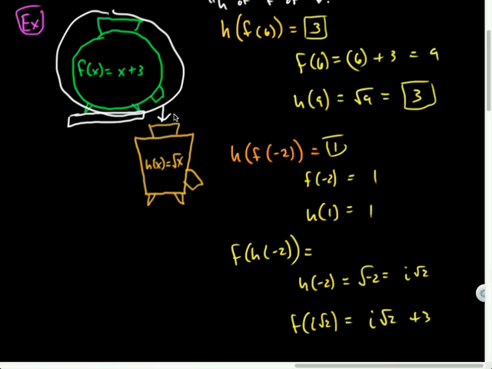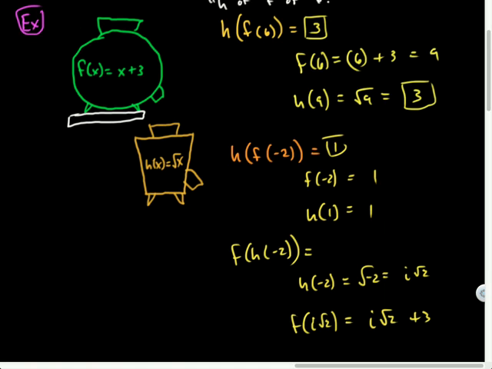Why would you try? Because your boss is gone. You're just jumping up and down on top of the f of x machine to try to cram it into that. You put the other one inside because it looks smaller. Your goal is to put this whole machine into the h of x machine. So we're just getting crazy. We broke one of them already. Let's just see what happens here.